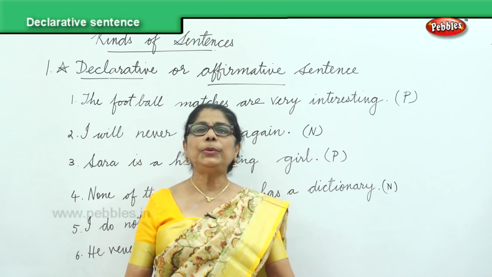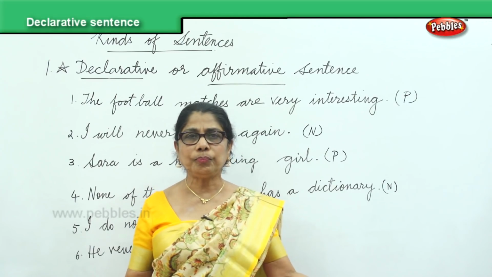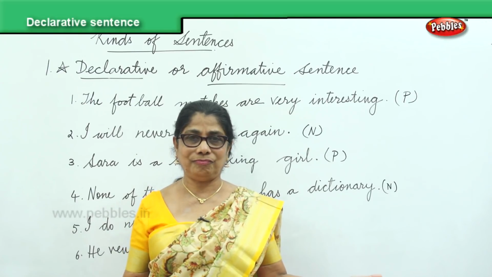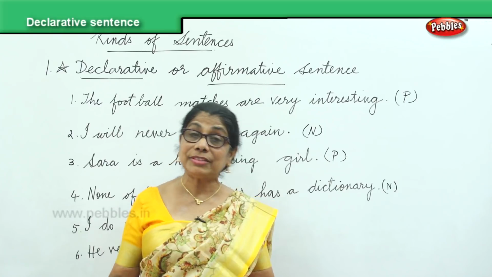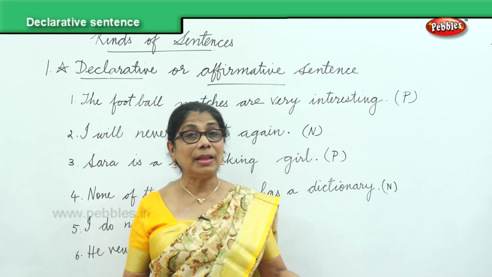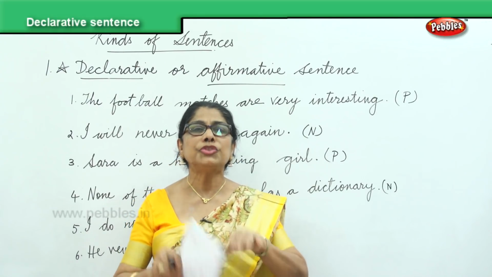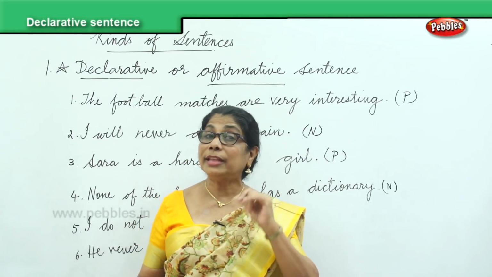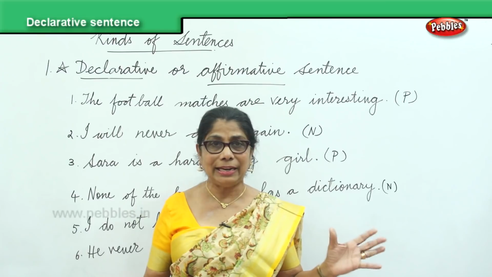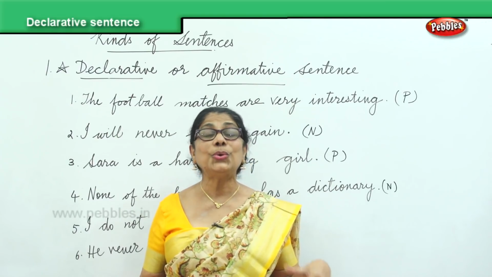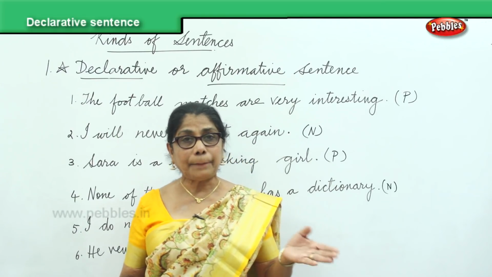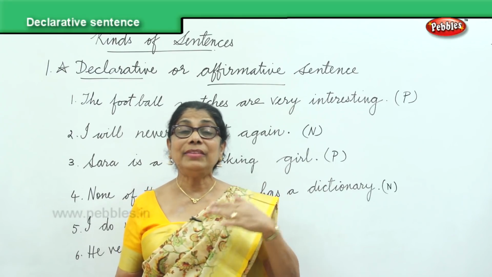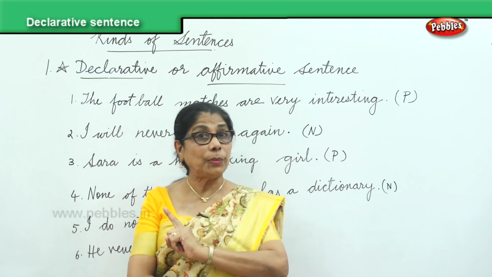Now, supposing you say my classroom is large, it's a declarative sentence and it is positive. My classroom is not large. When you add that not, then it becomes a negative sentence. So, we can change a positive declarative into a negative declarative sentence. That's what we learned now.